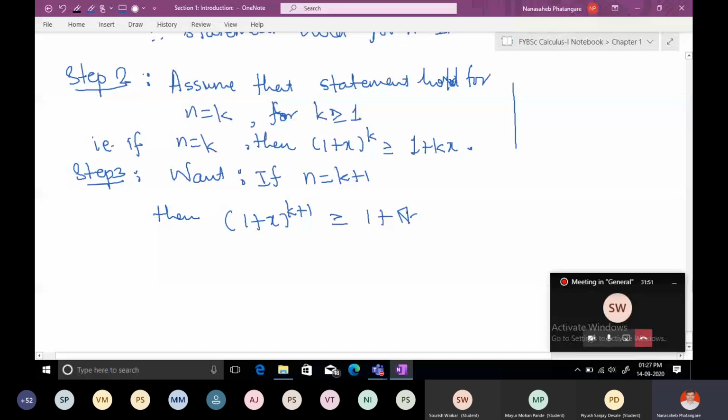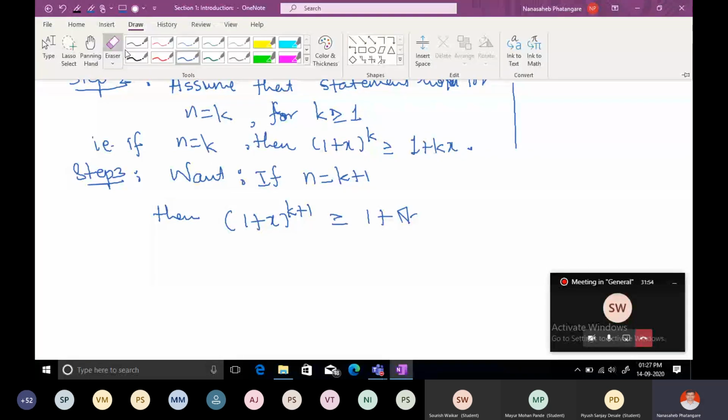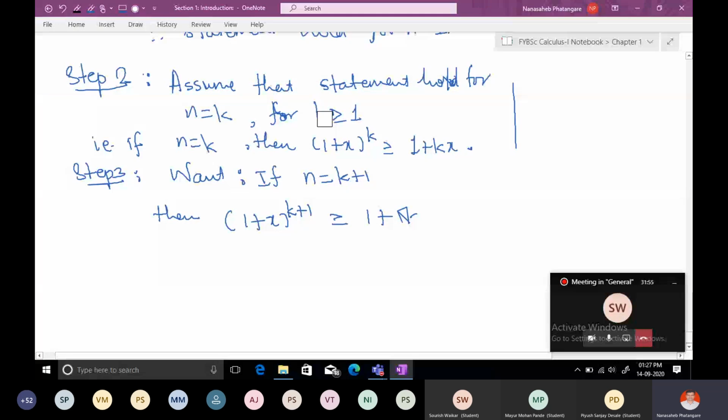This is what we want. This is not proof. Immediately we cannot say this is true, but this is what we want to prove.